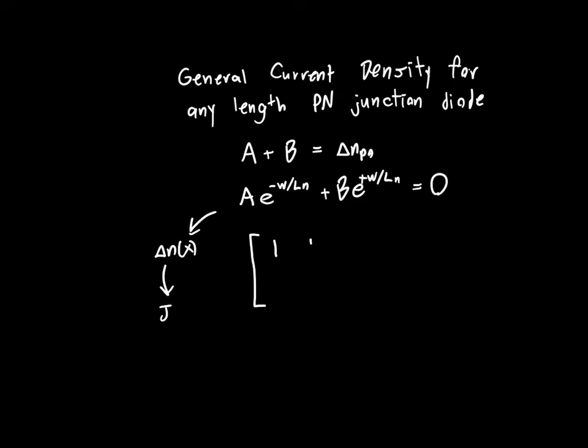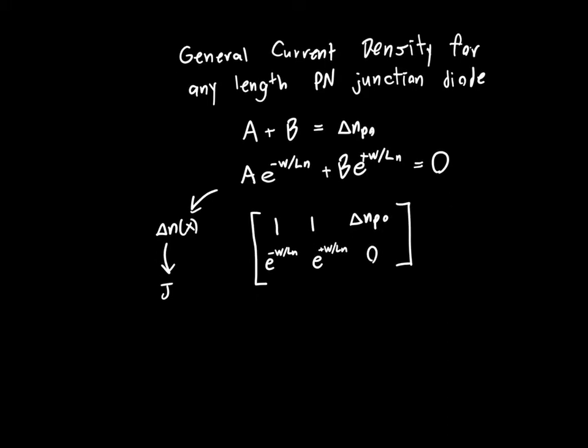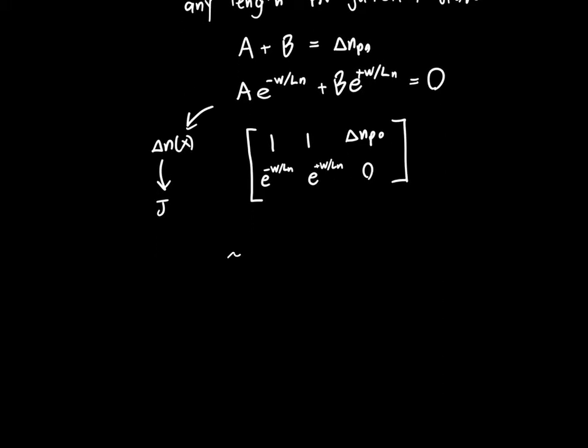If we just set up our matrix, we get 1, 1, and delta np naught. We get e to the minus w over ln, e to the plus w over ln, and 0. If we just do some simple row reduction, we multiply the first row by e to the minus w over ln and subtract that from the second row.